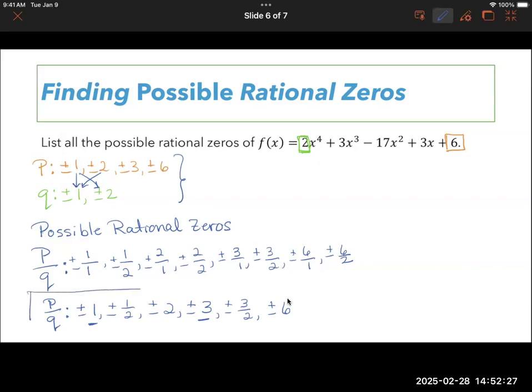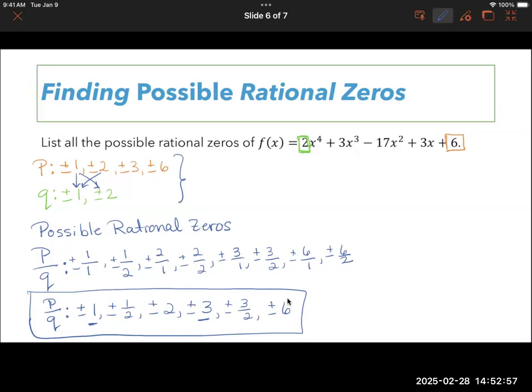So this is the list of possible rational zeros. If there is a rational zero for this polynomial, it has to be one of these 6 values that we've come up with. Technically 12 when you take the positive and the negative. Now it does not mean that every one of these 12 is a 0.